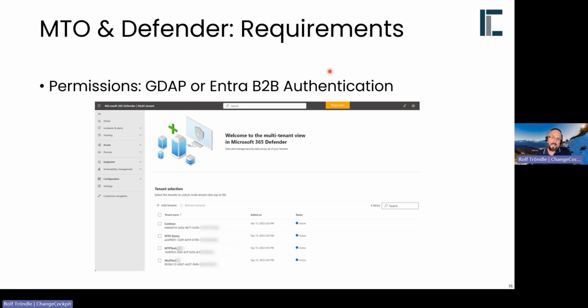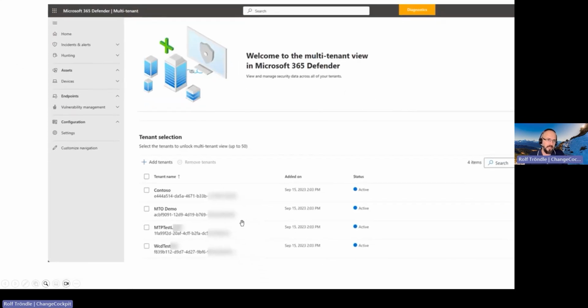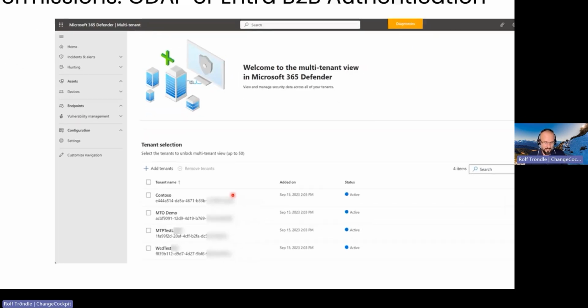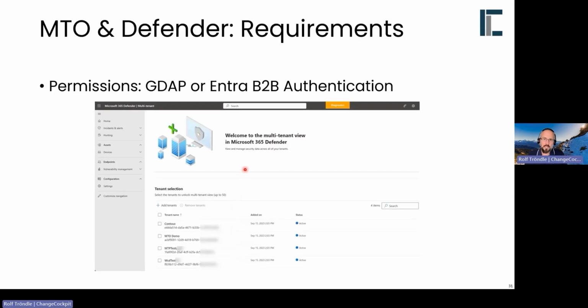So you invite the admin user from the other tenant into your tenant as B2B guest, grant security portal access, and then you can do it from the other side, from the effective user. You can then create the MTO configuration in the Defender portal. I will show you. And here's the Defender portal using 4 tenants, but we'll do it now with 2 tenants.